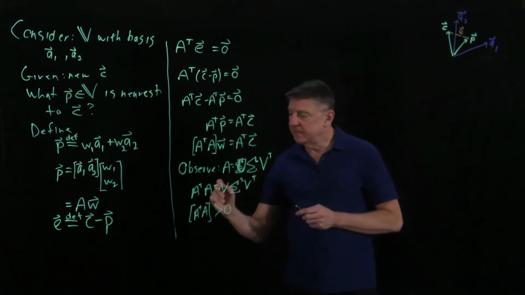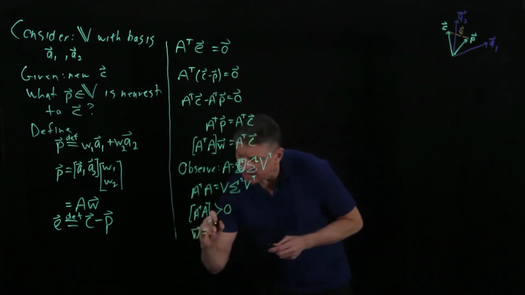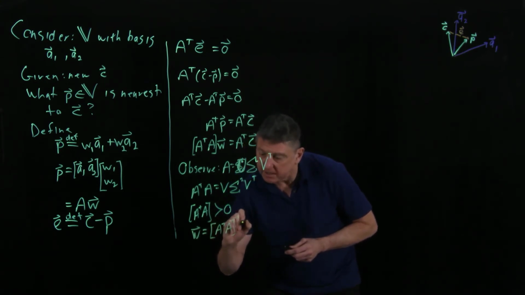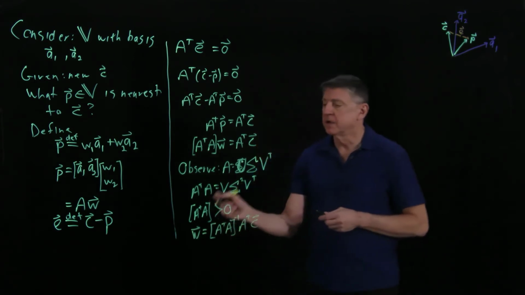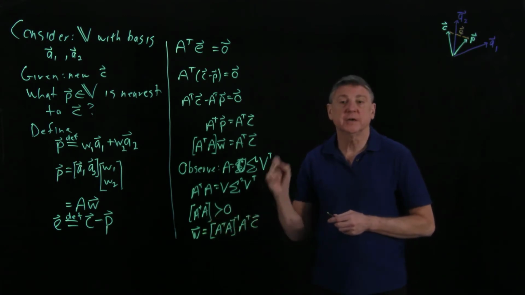So that means that I could write the W vector as A transpose A inverse times A transpose times C. This is the normal equation, and this is a solution of the normal equation.